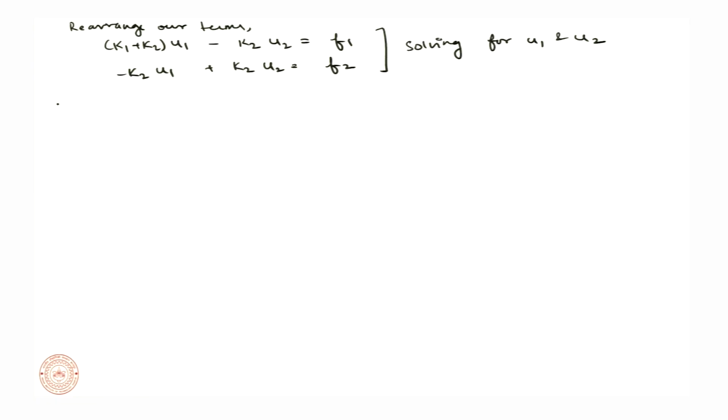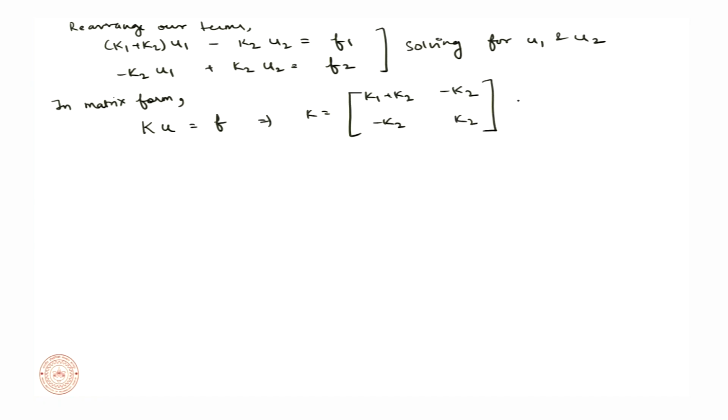We can make a matrix and set it up. So, in matrix form, maybe you give it a try quickly. Okay. So, if you set this up as a matrix, K of U is equal to F, where K is equal to K1 plus K2, minus K2, minus K2 and K2.